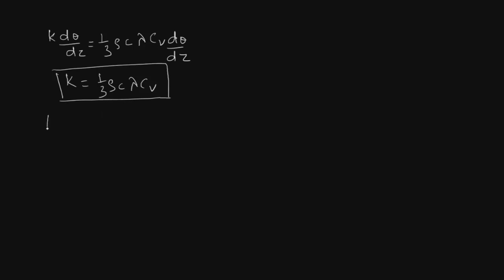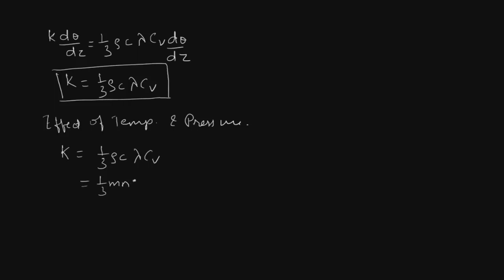Now let us see the effect of temperature and pressure on the value of K. We know that the thermal conductivity, as given in the above expression, K is equal to 1 by 3 rho C lambda into Cv, which will be equal to 1 by 3, instead of rho we'll write mn, into C lambda into Cv.